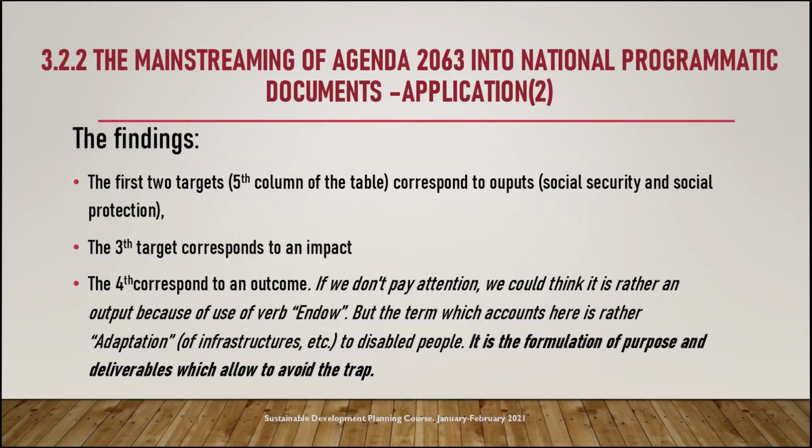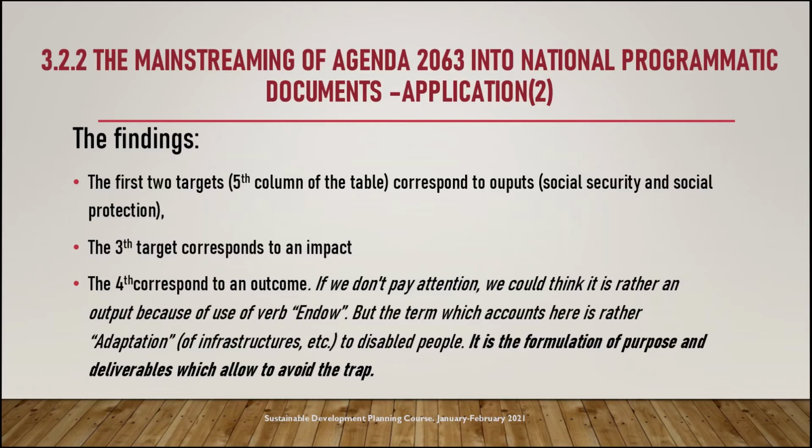We will ensure that it is provided to you in the course material that will be posted on the platform. So when you see the table, which has 5 columns, the results of the analysis are in the 5th column, but the targets are in the 1st column.